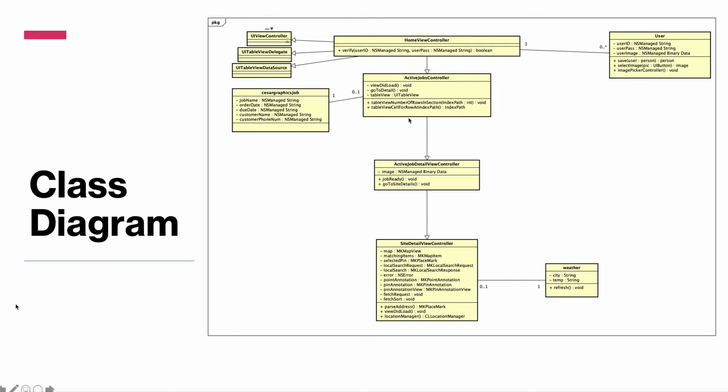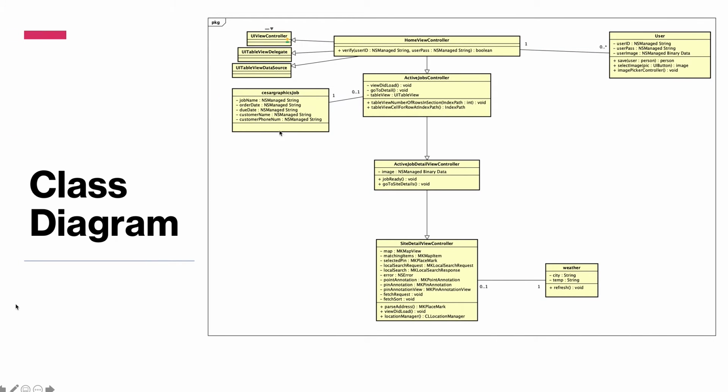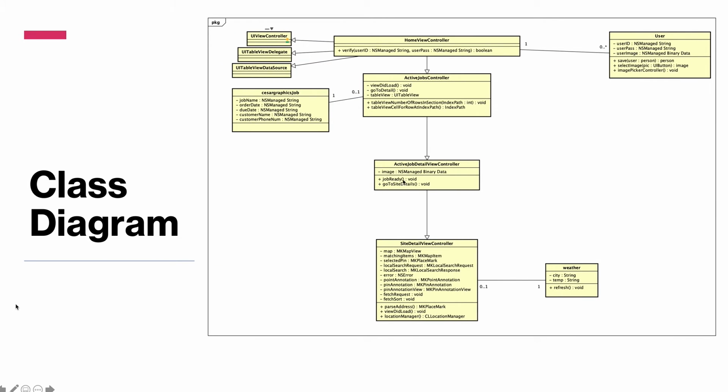Now, once you click on a job, you'll be able to go into the active job detail view controller, which will then, as you can see here, give you all of the information that you need as far as the Caesar Graphics job goes. And it will also give you access to two more options.